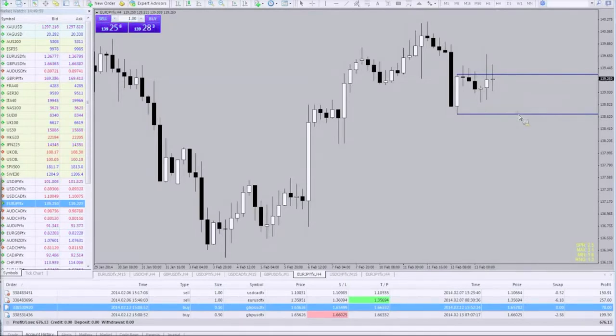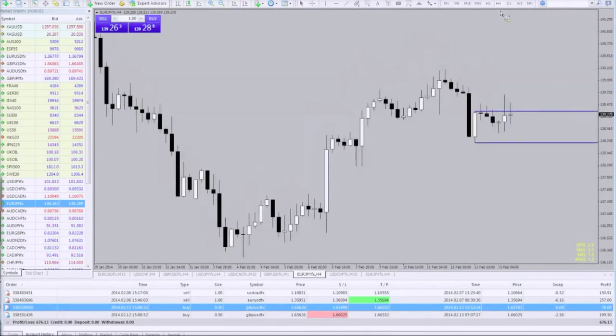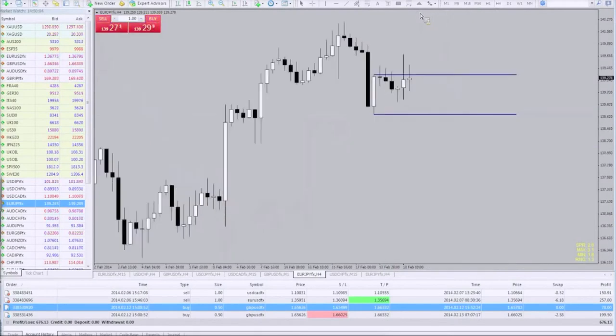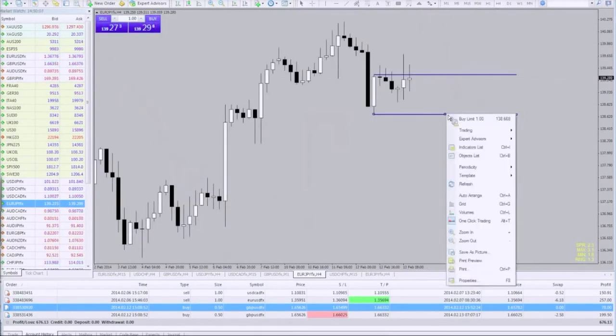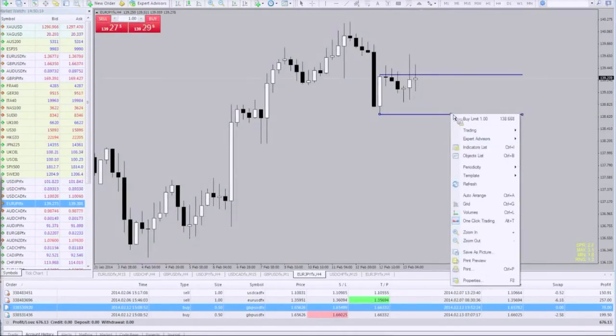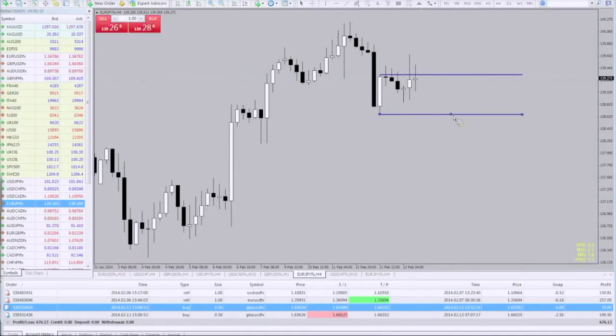So what I'm going to do is, I wanted to mark that line and I goofed up here. Let me see if I can slide this over. Okay. I am going to identify this line. Come on, cooperate.